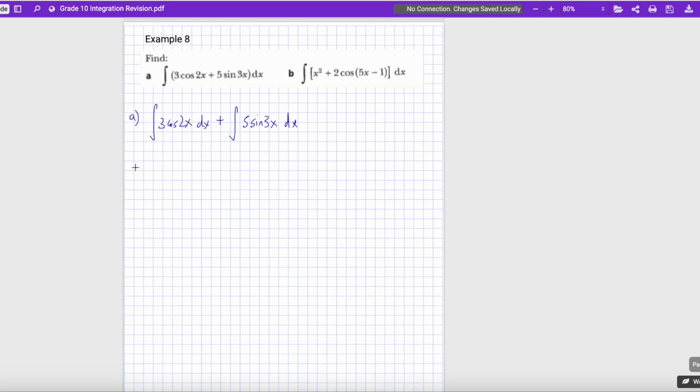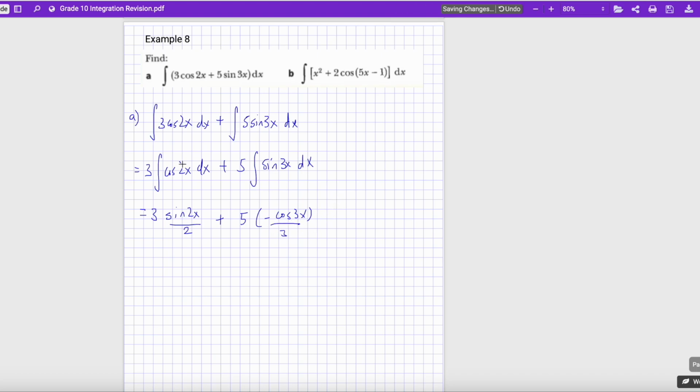We can factor out the coefficients. Let's go ahead and integrate. This should be 3 times sine 2x over 2, and on the other side, 5 times negative cosine of 3x divided by 3.